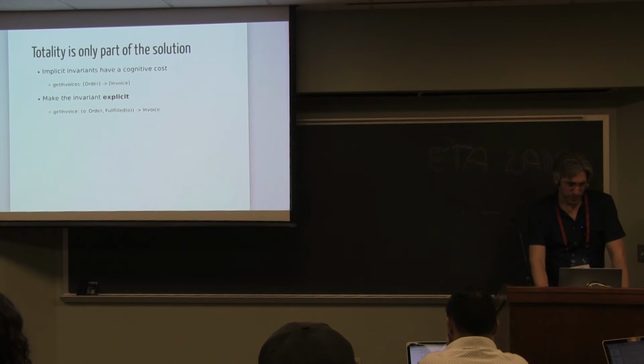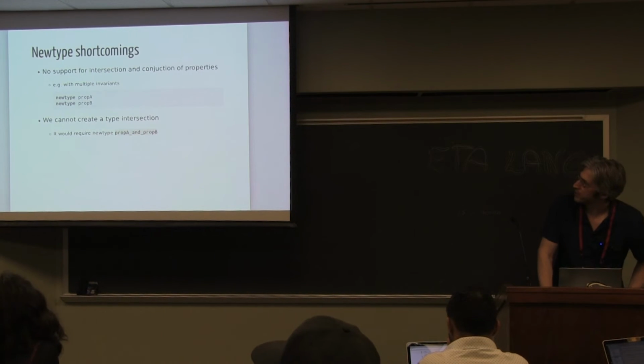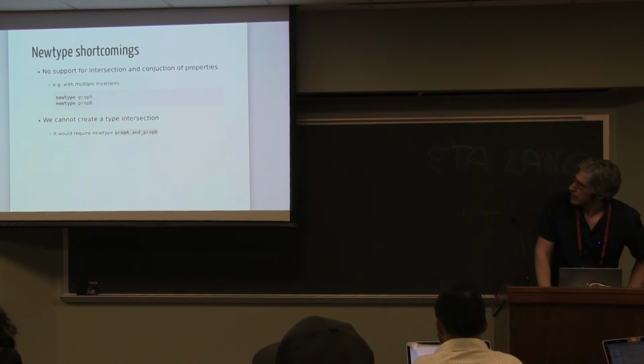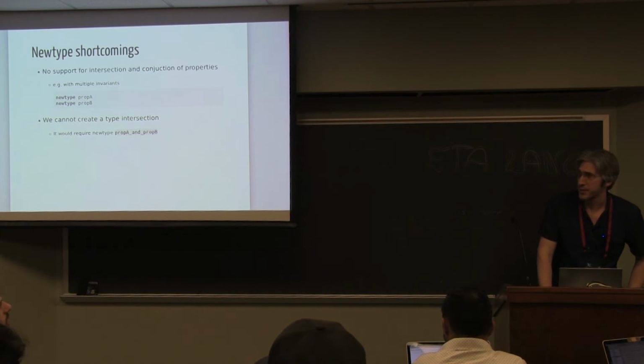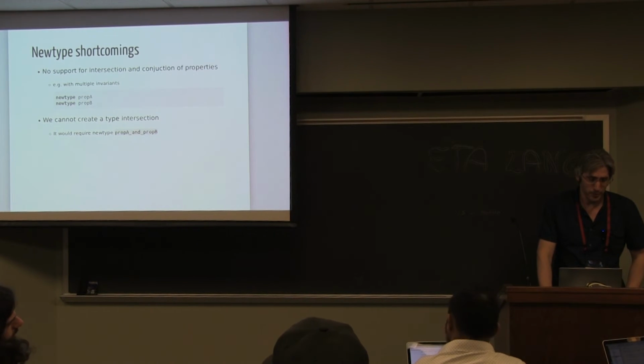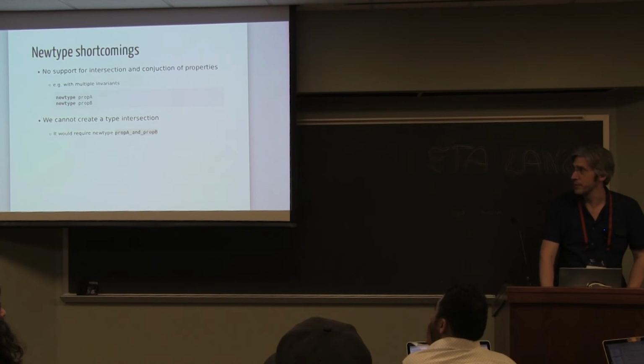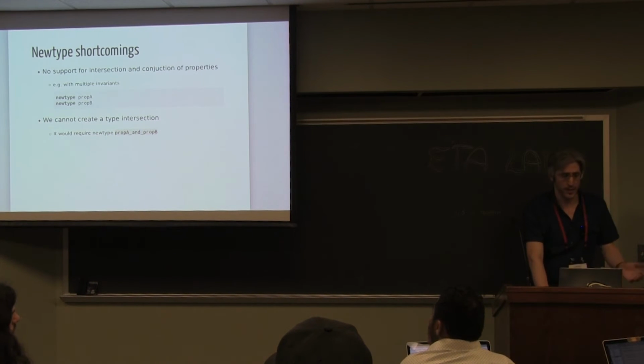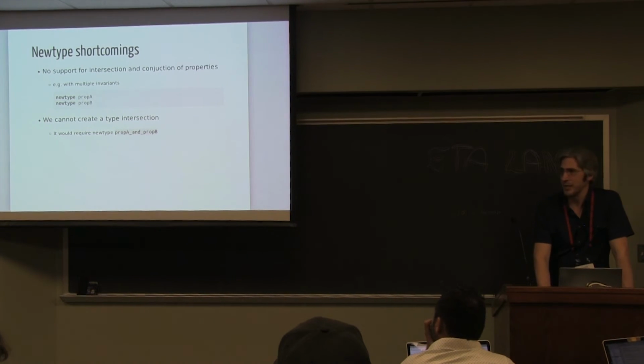So we mentioned new types, but new types have shortcomings. The main one is we talked about intersection of types, and sadly, the intersection of types is something not easy to do in our languages. Scala has some sort of intersection. I think in Haskell, I'm not sure. I think there is a way of doing it, but it's always fringe.